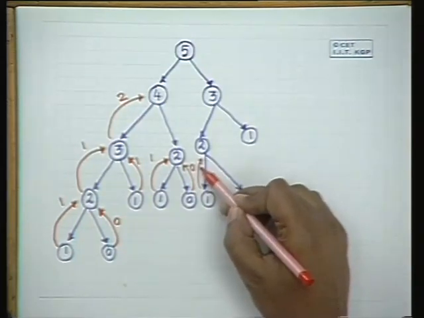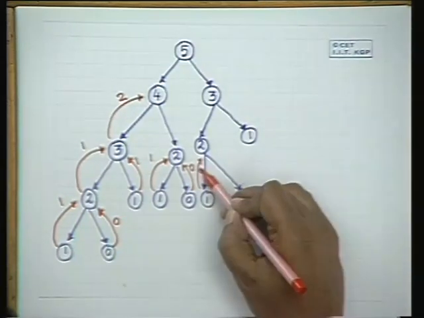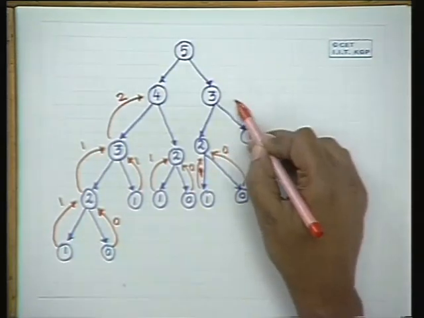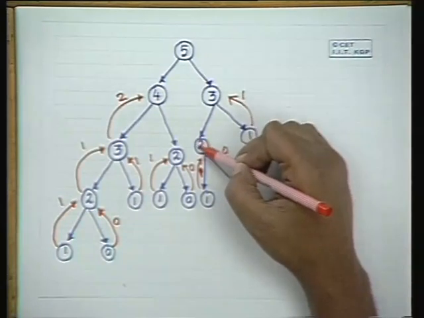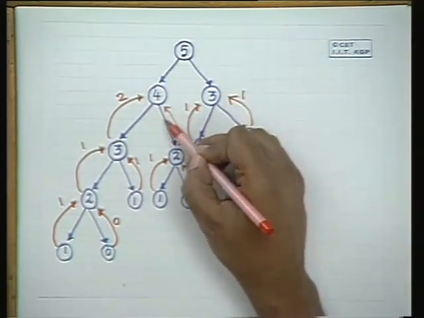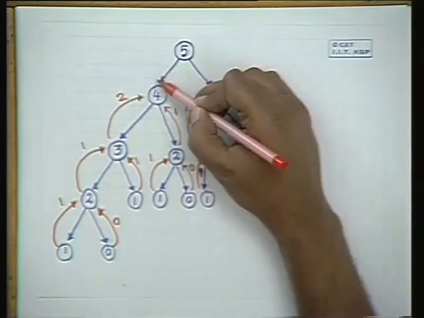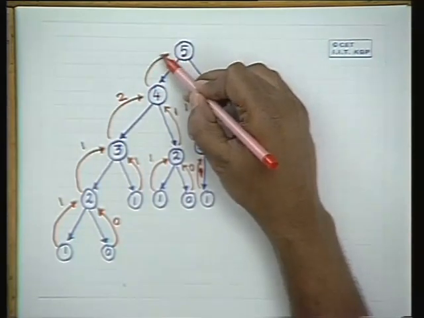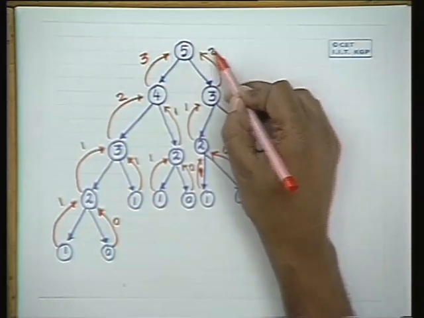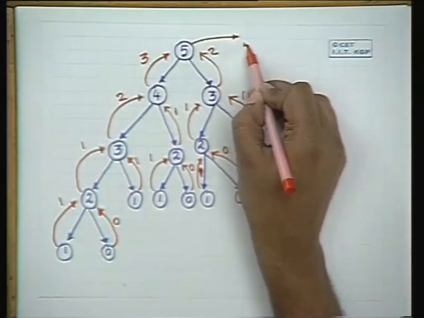So let us draw up all the return links: 1, 0, 1, 1, 1. This returns 3, this returns 2, and this returns 5.